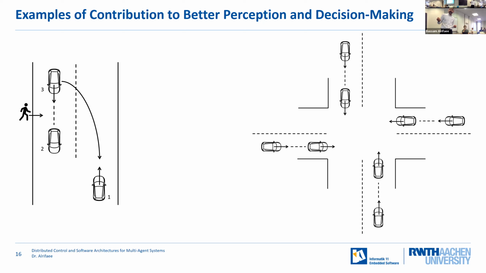So 3 detects and sends to 1, take care, there's a pedestrian going to cross the street. The typical example in decision-making is the intersection. So vehicles should cross the intersection efficiently and safely. And for the safety, they need to coordinate.